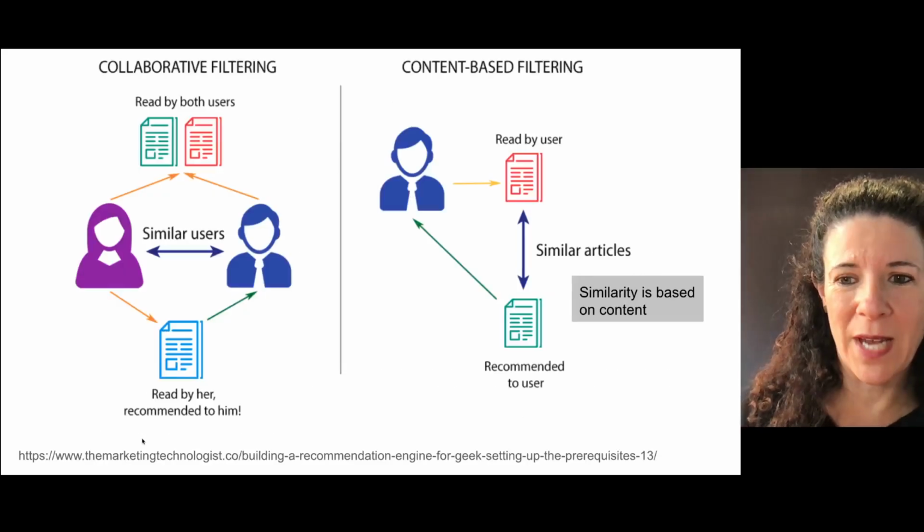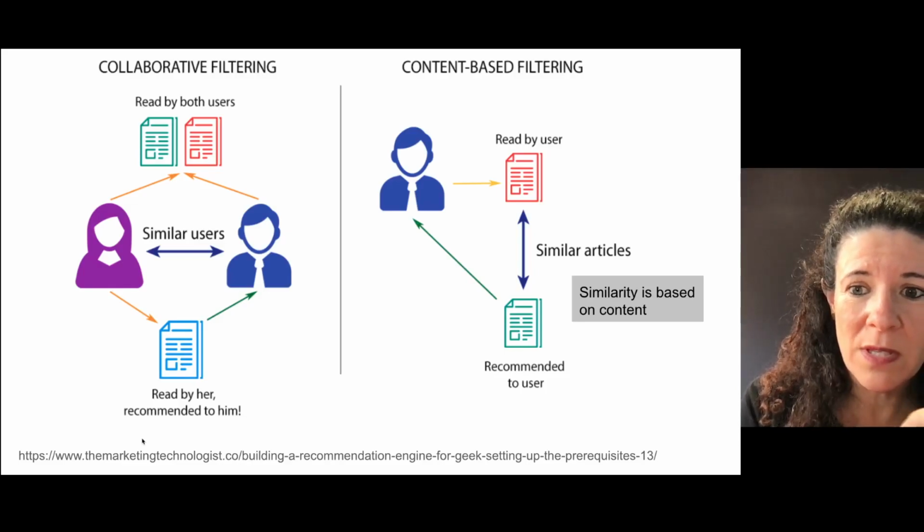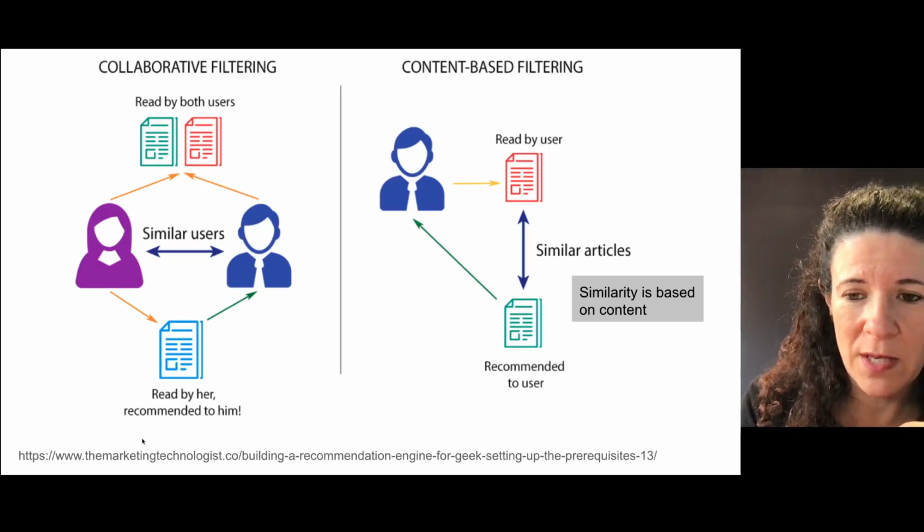So this is another diagram in which in one part I have collaborative filtering. So again, I have the history of two users. Based on that history, I can compute similarity between users. And then, for example, there is this blue person here.